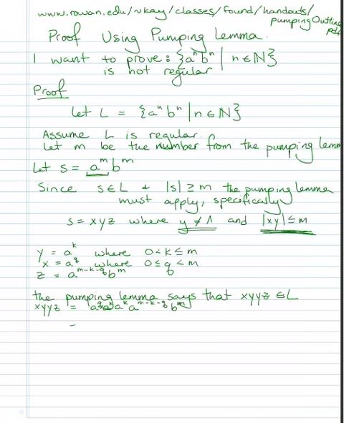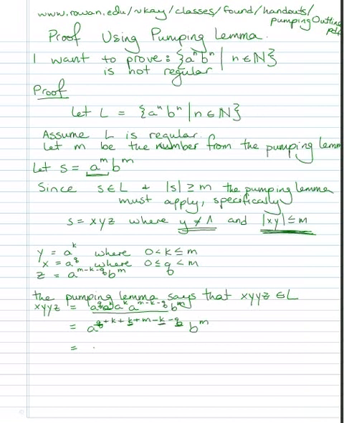Let's mess with that. These are just all a's in a row, right? So that's a^(Q+K+M-K-Q) followed by b^M. And if we look at this, the Q and the Q cancel out, and the K and the K cancel out.